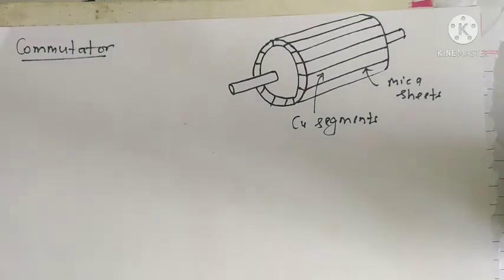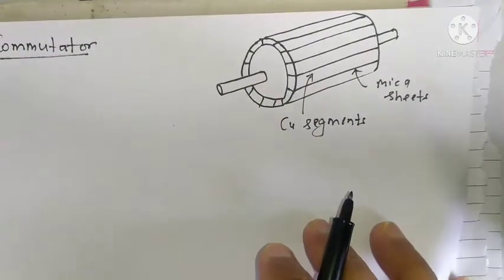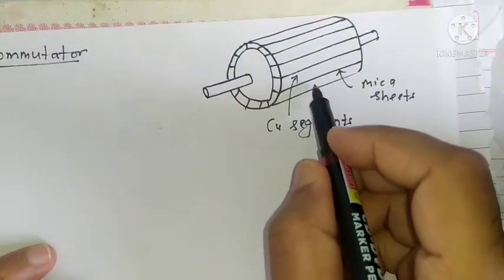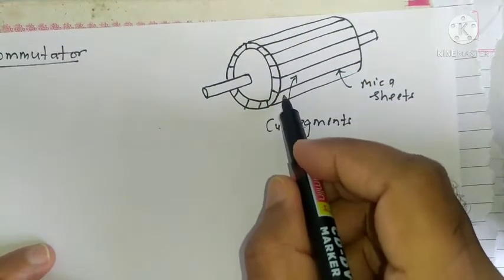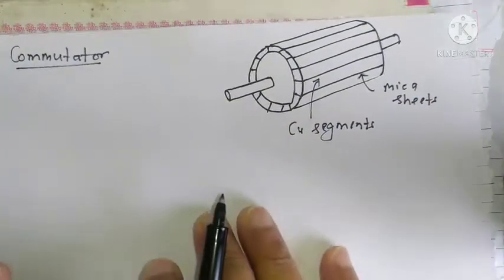Next part is the commutator. So this is the commutator, which is placed on the shaft. It has copper segments. You can see these are the segments, which are separated by mica sheets. So these are the mica sheets which are acting as insulation.